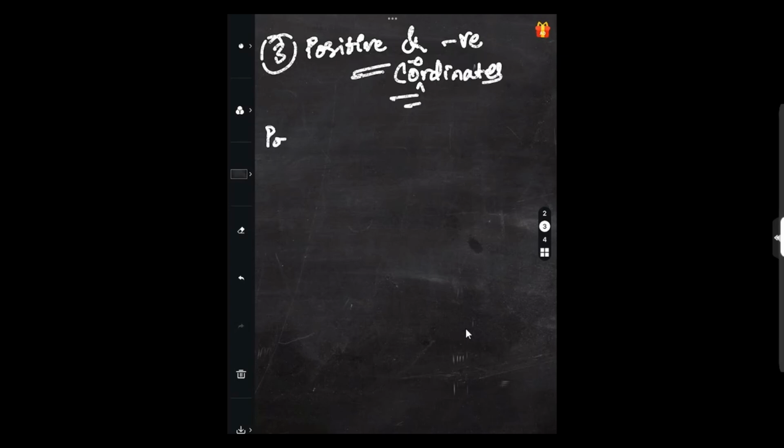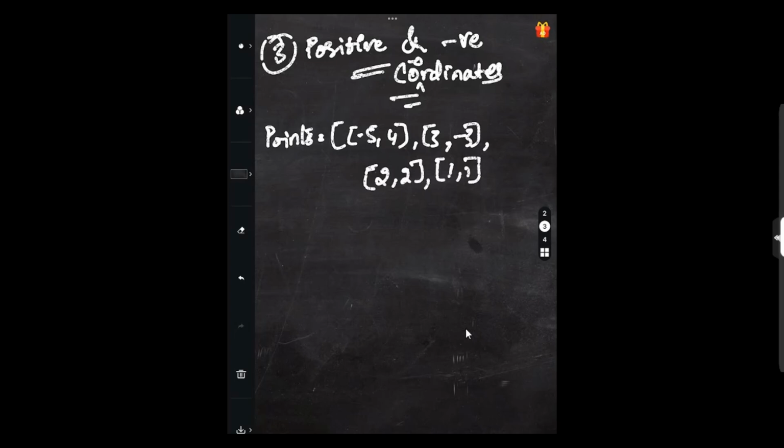Let me consider the input here. Points equals minus 5, 4, 3, minus 3. We should have positive and negative coordinates, right? Anything you can consider 1, 1. In my case, I'll just consider this one just for the understanding purpose. K equals 3. Let me consider here.